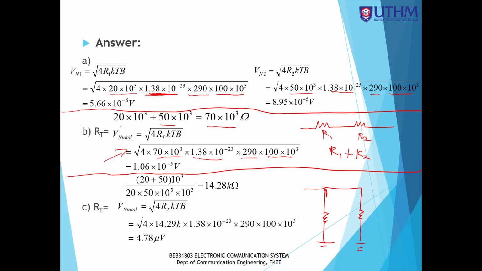So for R1, R2, R total is equal to 1 over R1 plus 1 over R2, inverse. So you get 14.28 kilo ohm. You can try to calculate this.